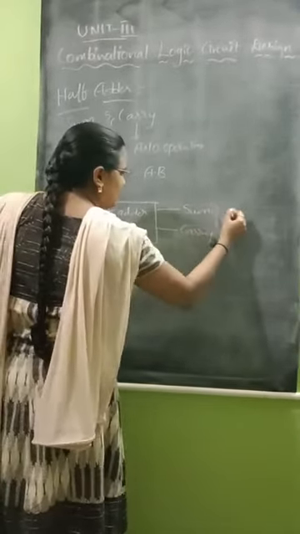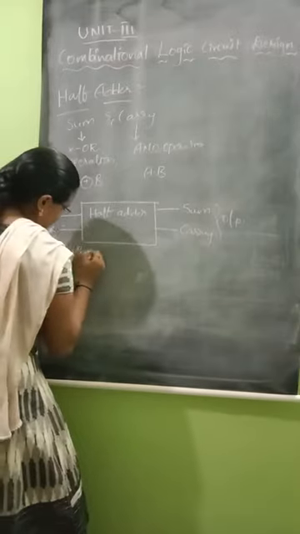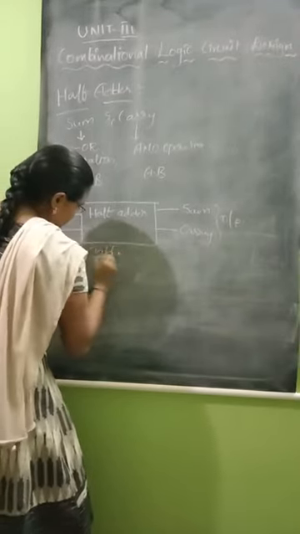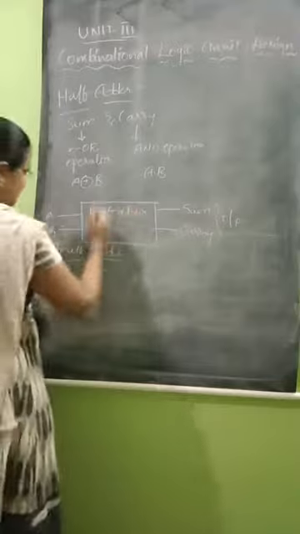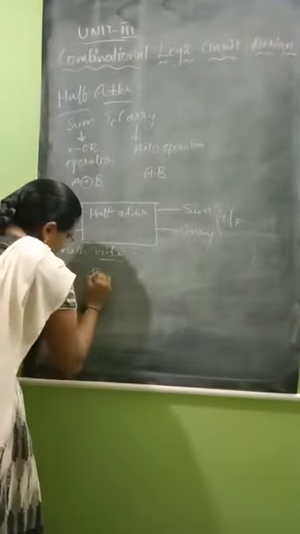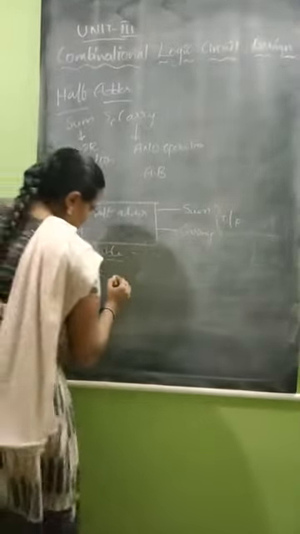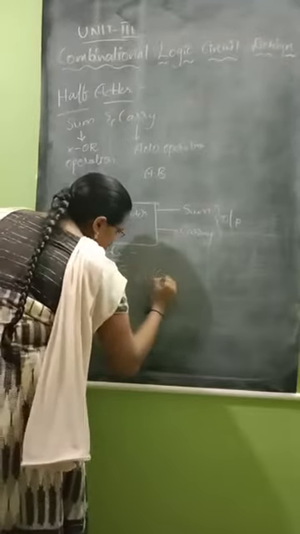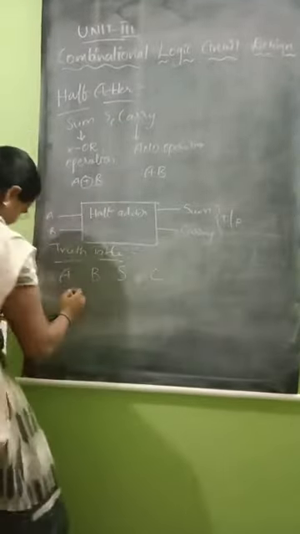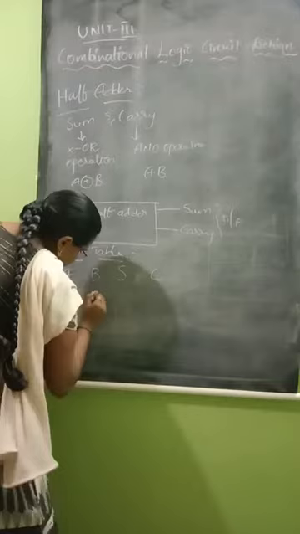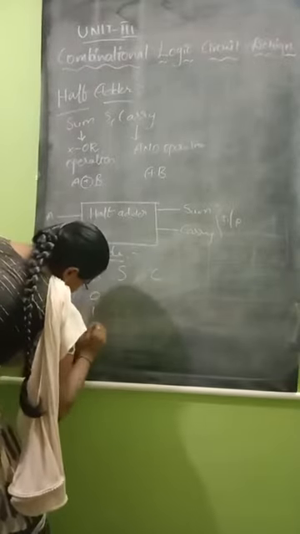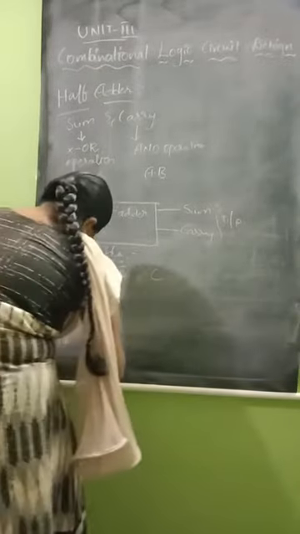The truth table of the half adder has two inputs A, B, and outputs sum and carry: 0 0, 0 1, 1 0, 1 1.